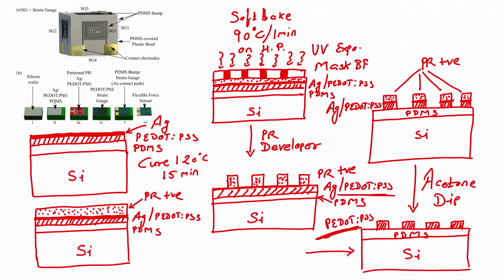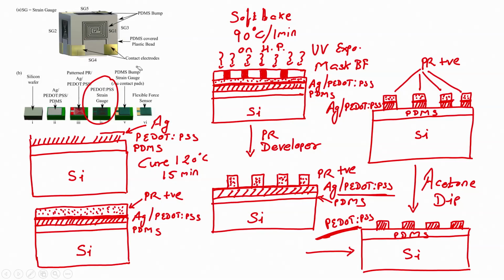So, we have reached this particular stage where we have PEDOT:PSS strain gauge formed on PDMS, but the next stage would be the PDMS bump, strain gauge and Au contact pads. Both things we have to get. First is the Au contact pad, and then next would be the PDMS bump, right.